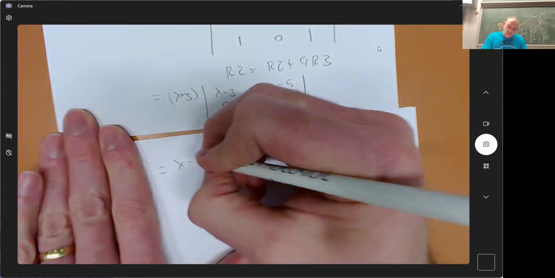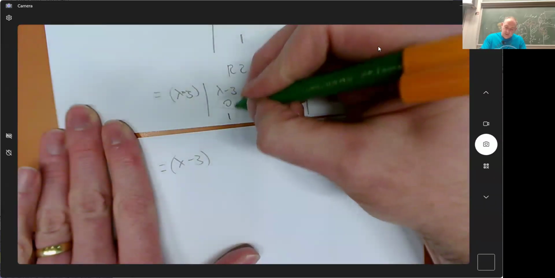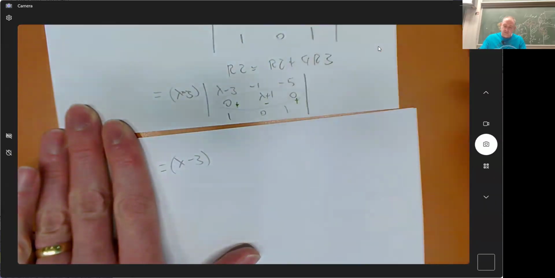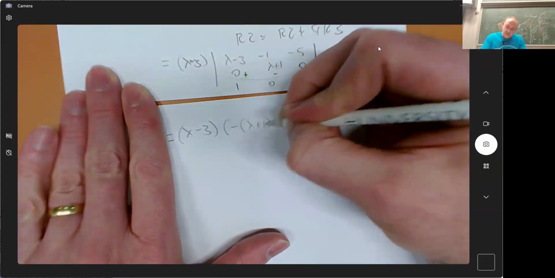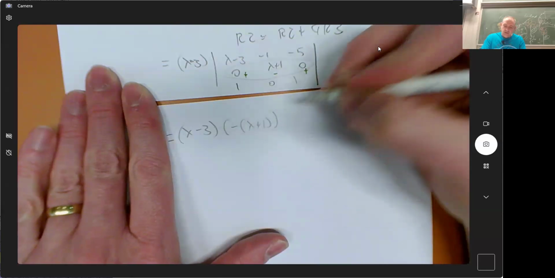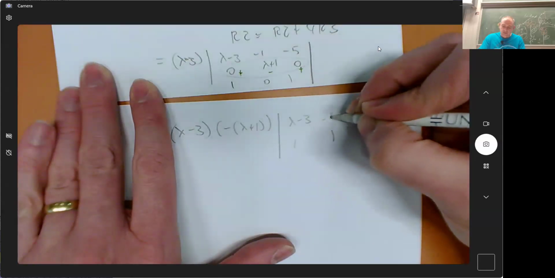And so I've got lambda minus 3. We'll expand along the middle row. And so that'll be a plus, minus, plus. So we'll get minus lambda plus 1 times lambda minus 3, 1, 1 minus 5.